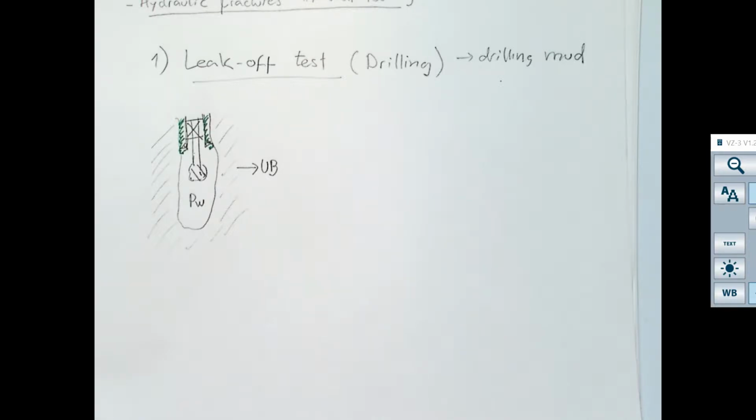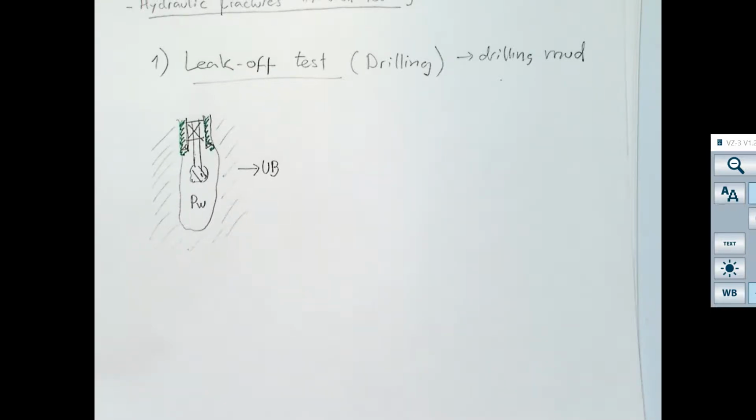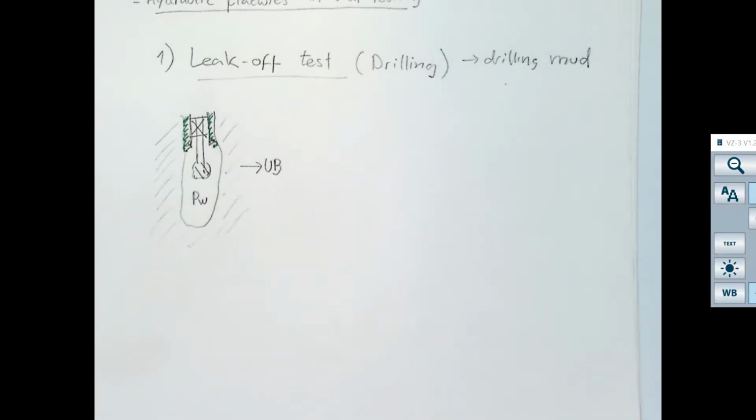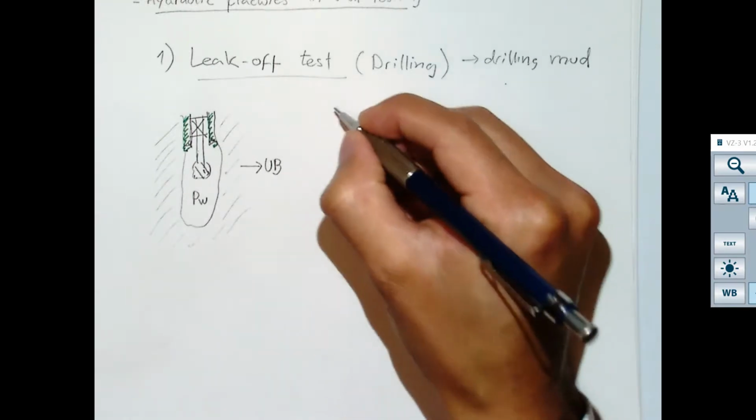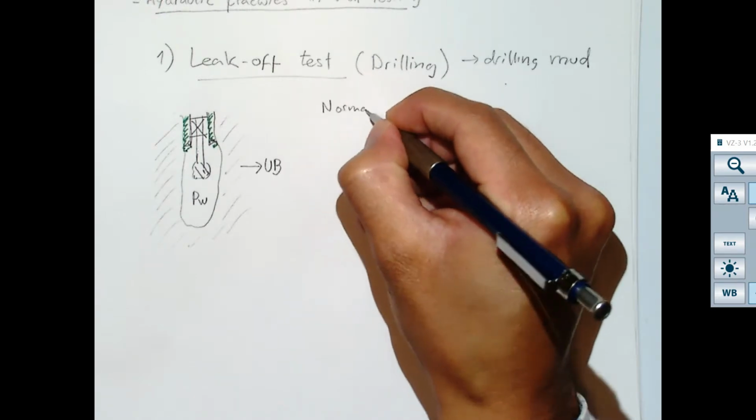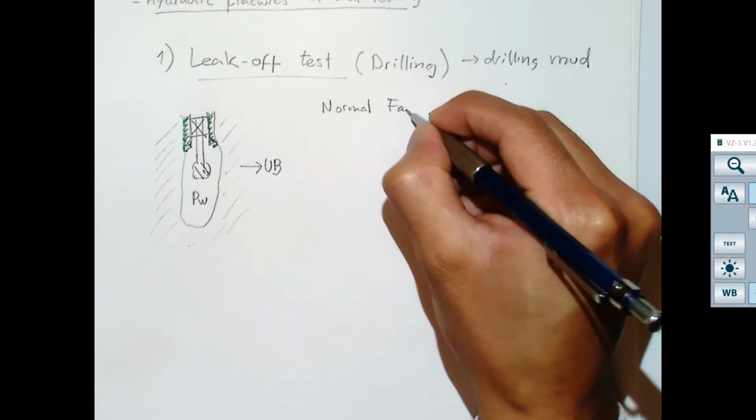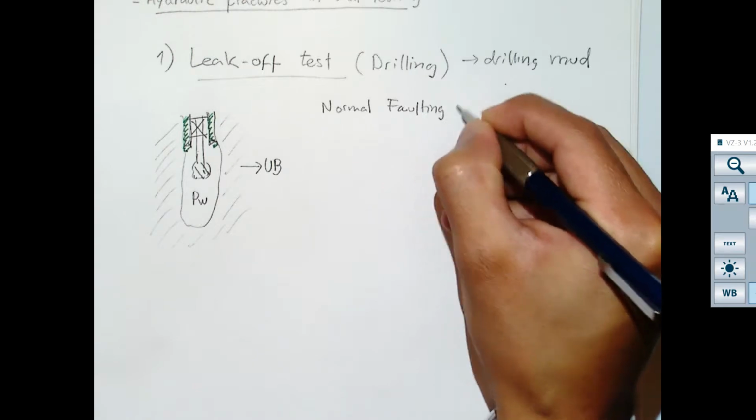But before we do that, let me first assume some conditions, so I'm able to draw what I'm going to draw. We're going to assume for this example that we are under normal faulting.